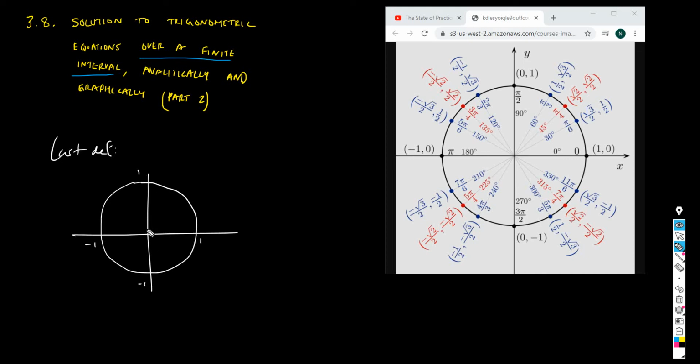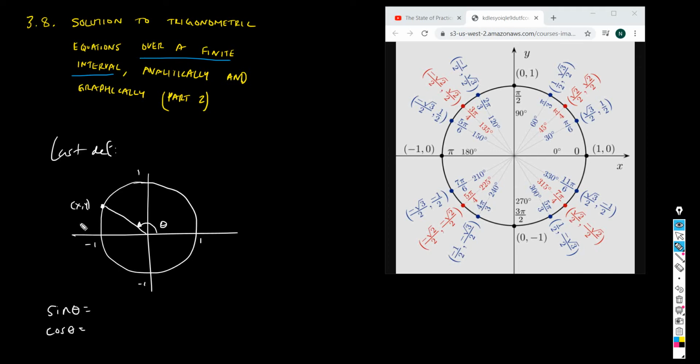And if you want to find the trigonometric functions of any angle theta, you just draw it in standard position, like I just did. And then you draw the terminal side. This terminal side intercepts the circle at a certain point with coordinates x, y. And the functions of this angle are defined as follows.